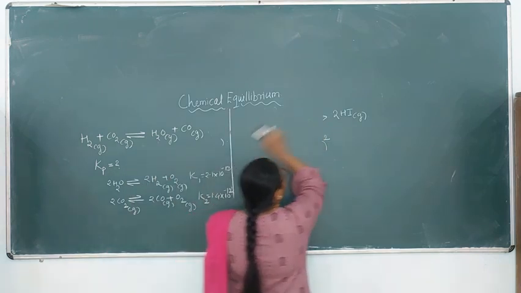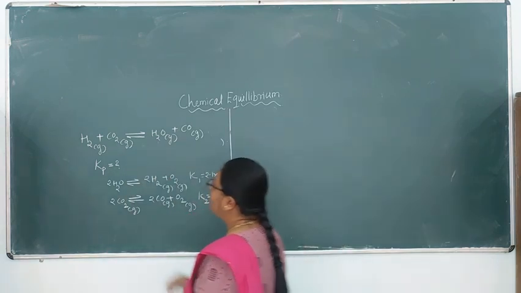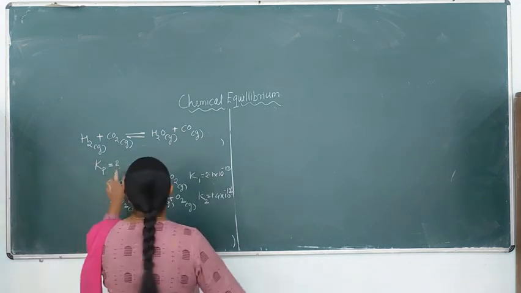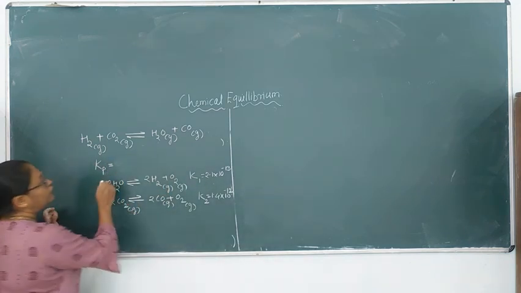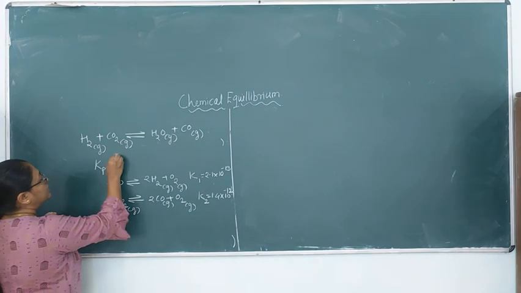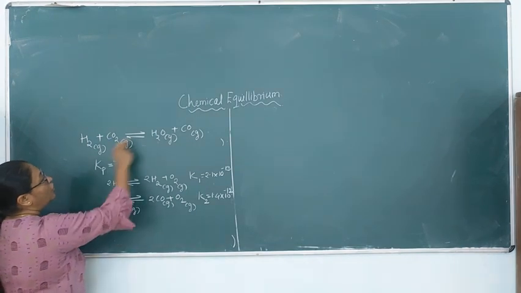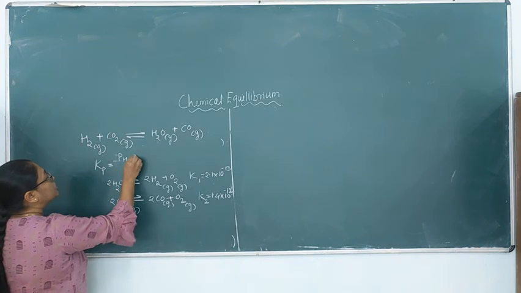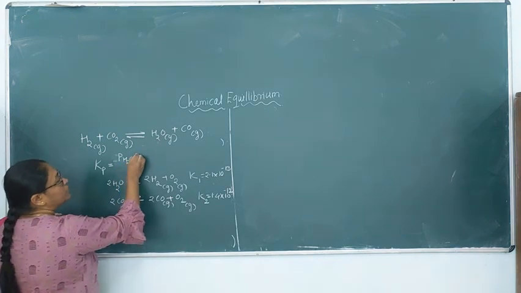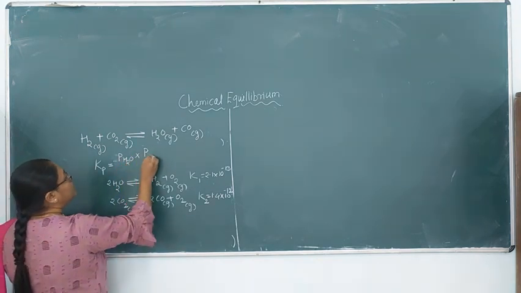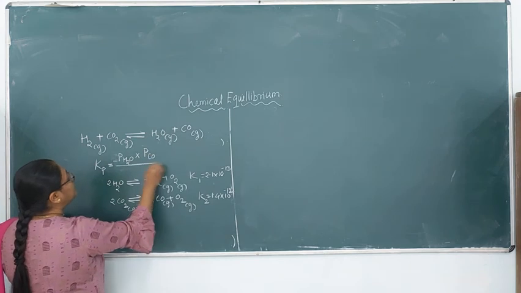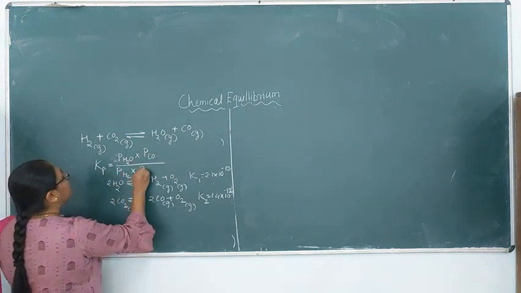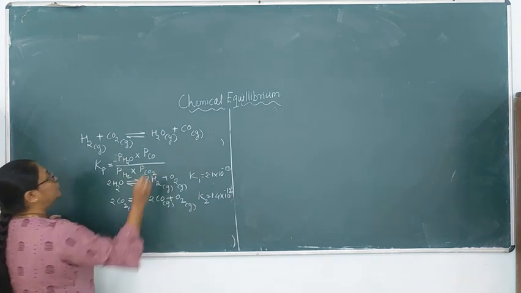Now, how do we calculate the equilibrium constant for this reaction? See Kp here, if you want to calculate Kp, what is the equation for that? Now all these are in a gaseous form, therefore the partial pressure of water into the partial pressure of carbon monoxide divided by the partial pressure of hydrogen into the partial pressure of CO2.